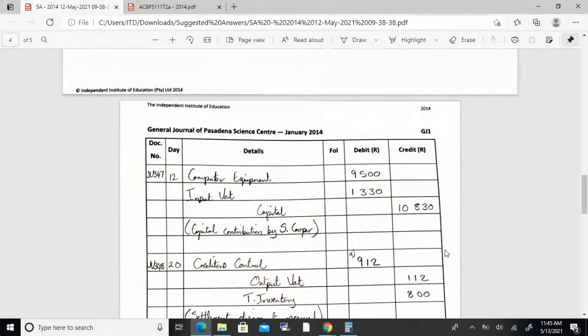In your answer book, provide the answer to the missing numbers and narrations indicated with A to J, as well as all your workings. Okay. So here at least they've given you the structures, and literally all you need to do is just fill in the rest.